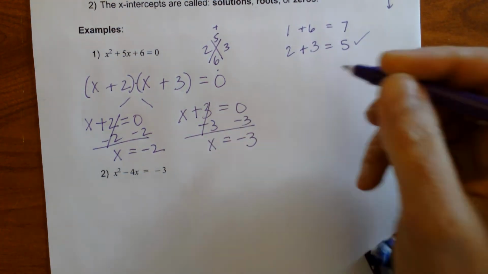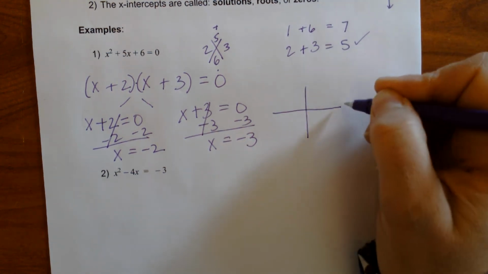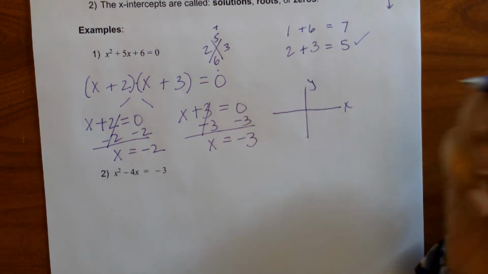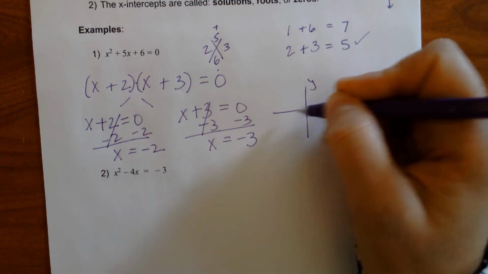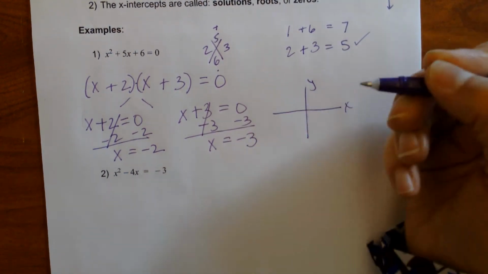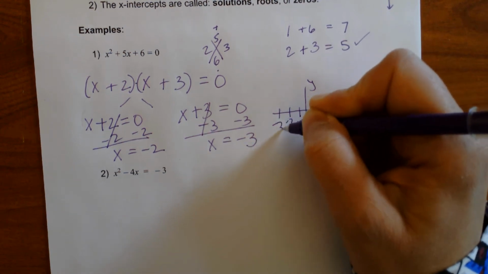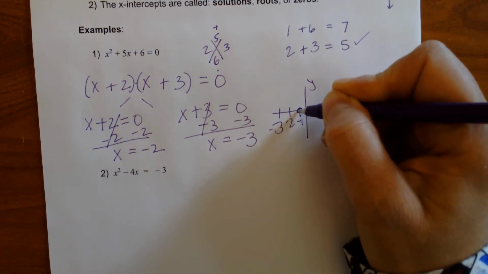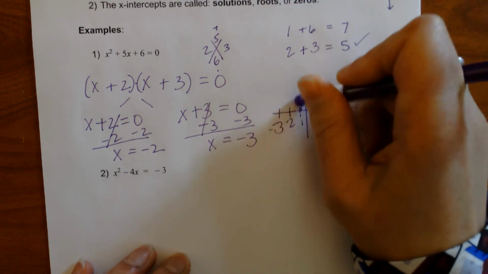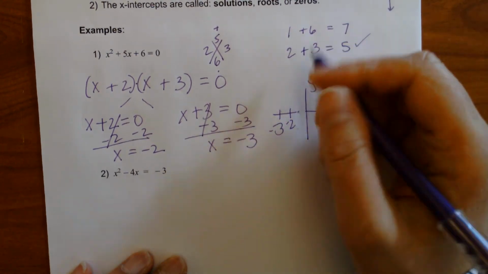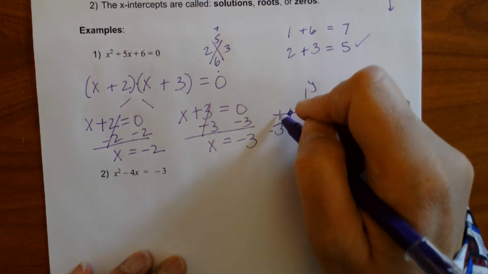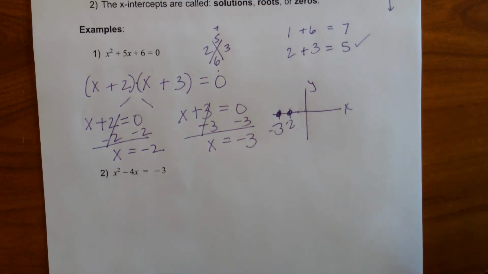So our x-intercepts, if we were to graph this, we now know where it's going to cross, which is at negative 2 and negative 3. So if we were to graph this, we know that the parabola crosses there.